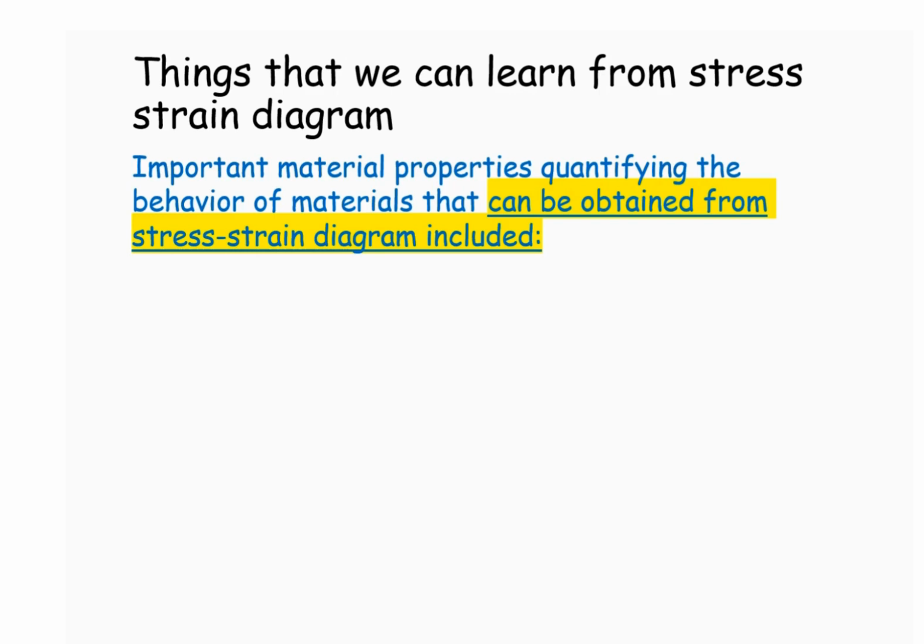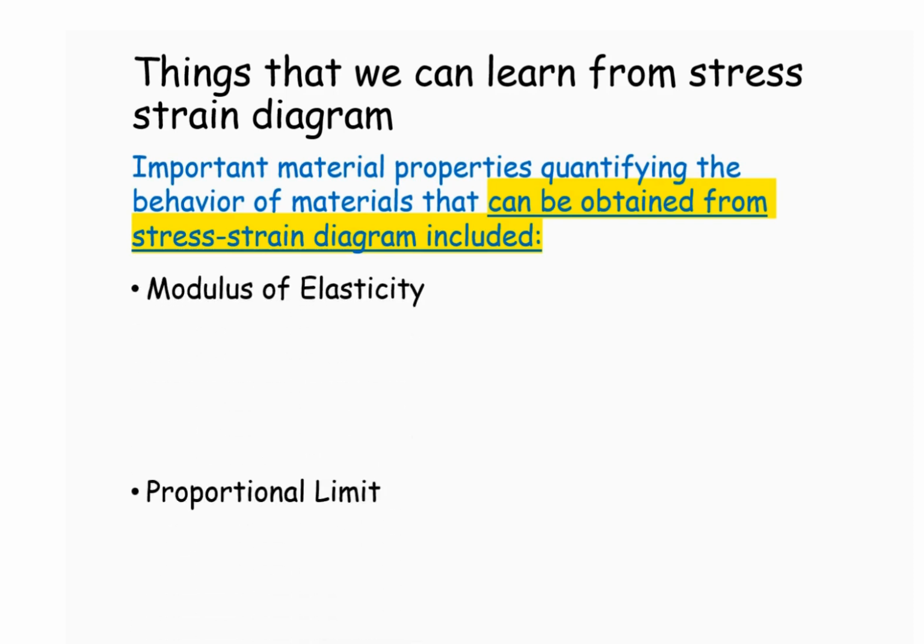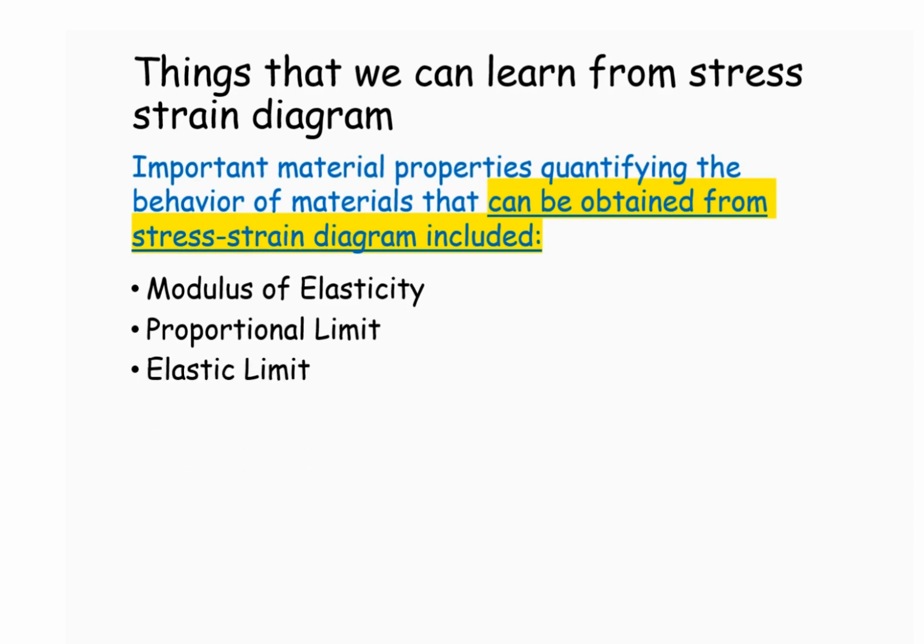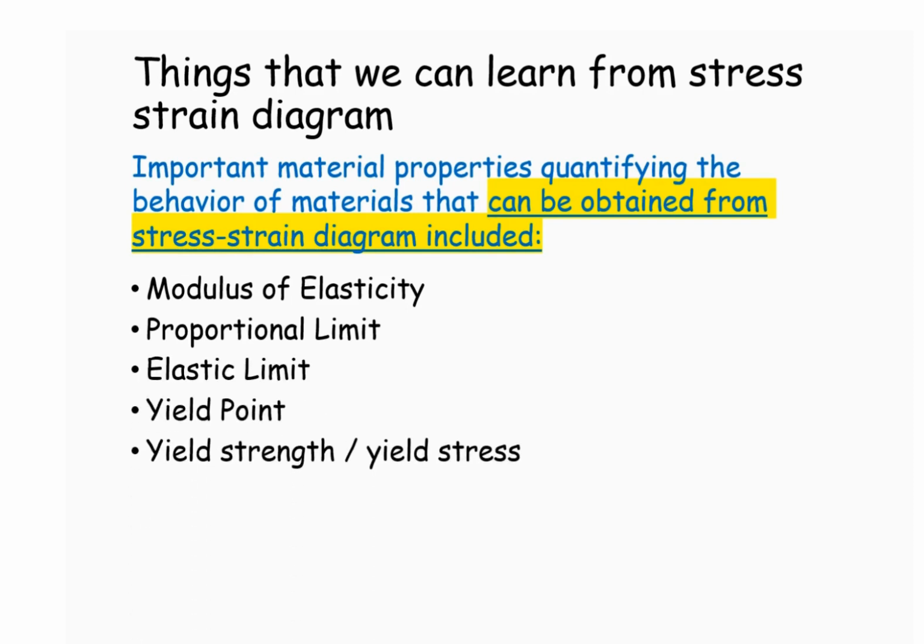From the curve, the information we can obtain includes the modulus of elasticity, the proportional limit, elastic limit, yield point, yield strength, yield stress, and also the tensile stress of that particular material.